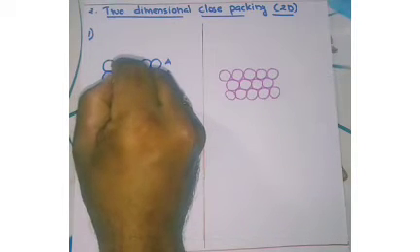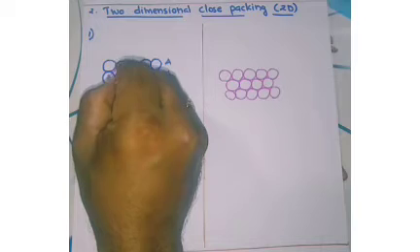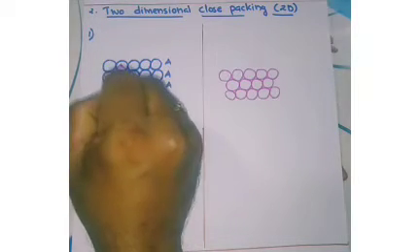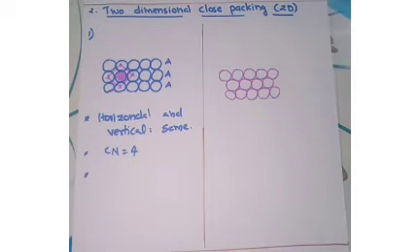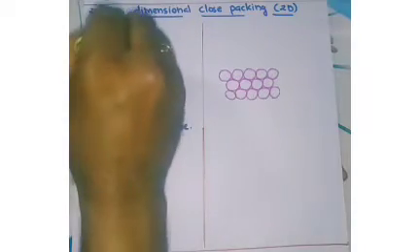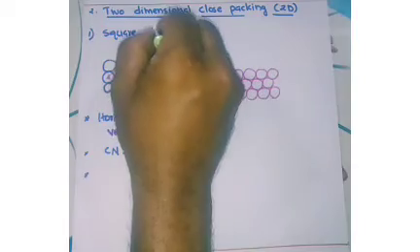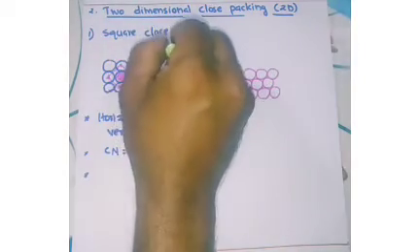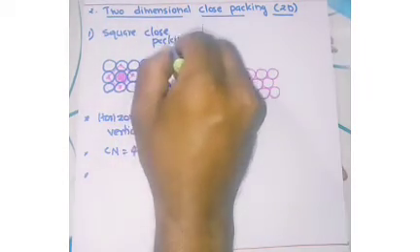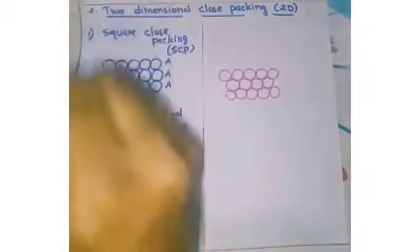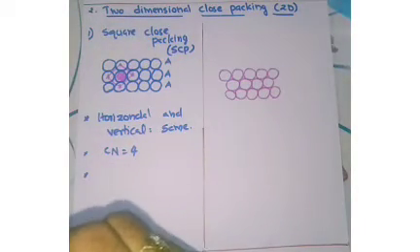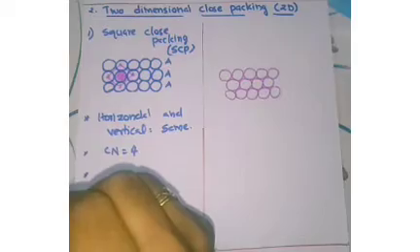Next, here we join these 4 to get a square. So this type of close packing is called square close packing, that is SCP. Clear? Square close packing or SCP.